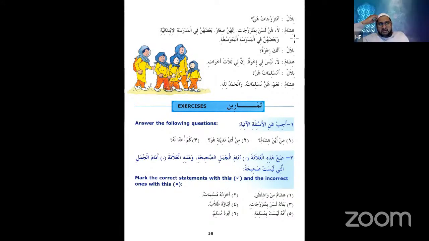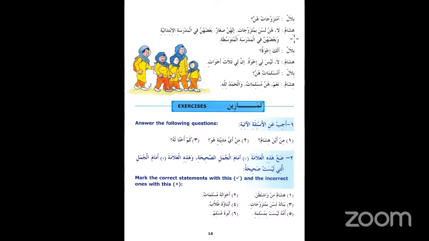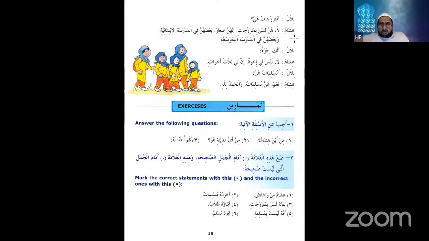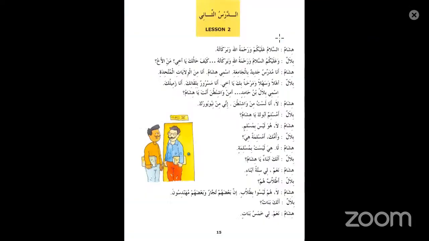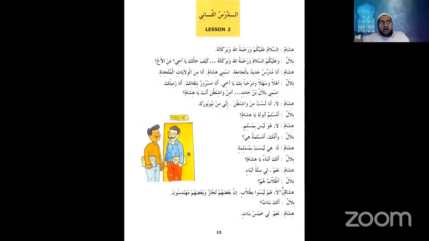I just wanted to ask why La and Laysa are coming together. Was it not enough, only one negative? So what's happened is that Atulabun hum, are they students? You say no. Hum laysu bitulabin. First we're negating the question, and then we're making a sentence with a negation.